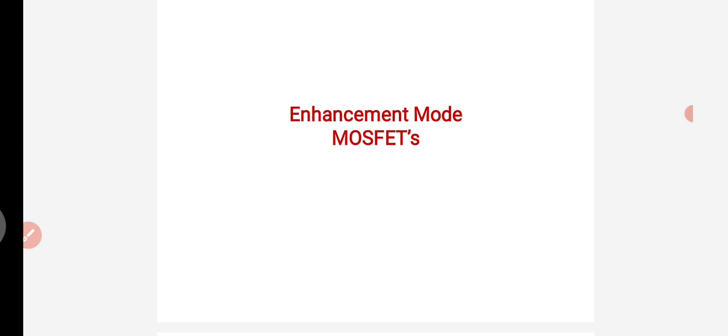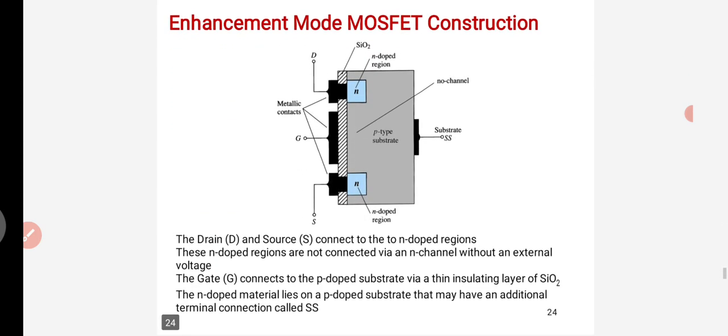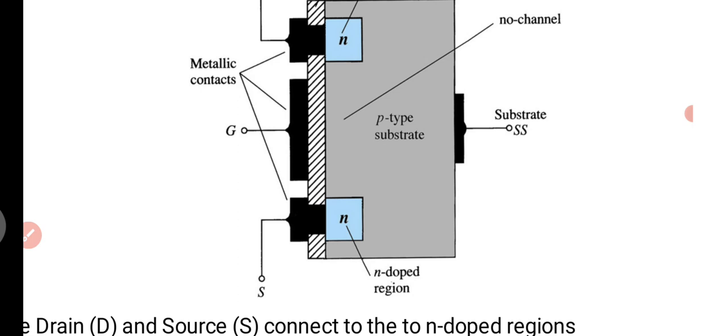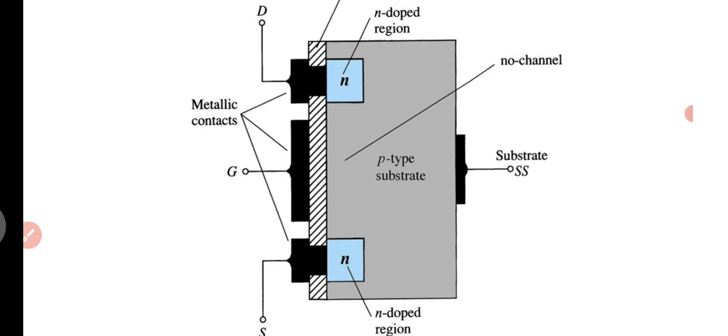Now we go for the other type, the enhancement mode of MOSFETs. Now we go for the enhancement mode of MOSFET construction. In this enhancement mode of operation, again we take the NMOS. That is why here we are using a P-type substrate.